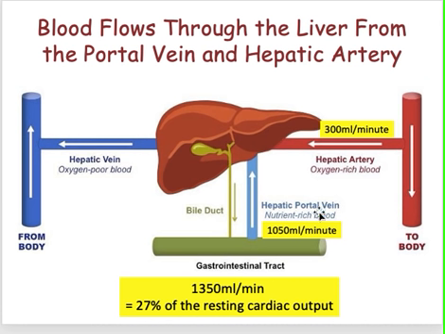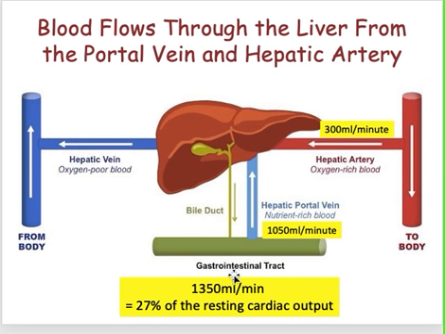And likewise, your hepatic artery provides an additional 300 ml of blood that flows into your liver per minute. So that brings about 1,350 ml of blood flowing through your liver per minute, and this corresponds to a big chunk of your resting cardiac output, 27%.